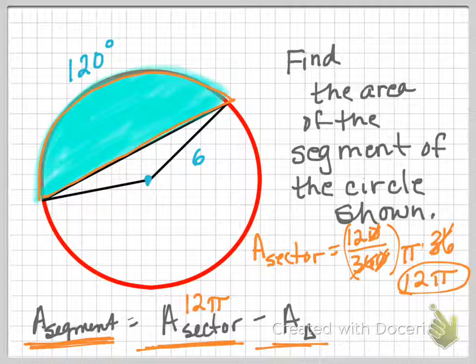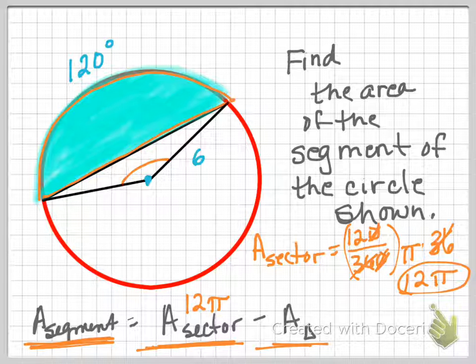So let's come over here to the triangle and take a look at it. It's a central angle, which is the same as the intercepted arc. So my central angle is 120.